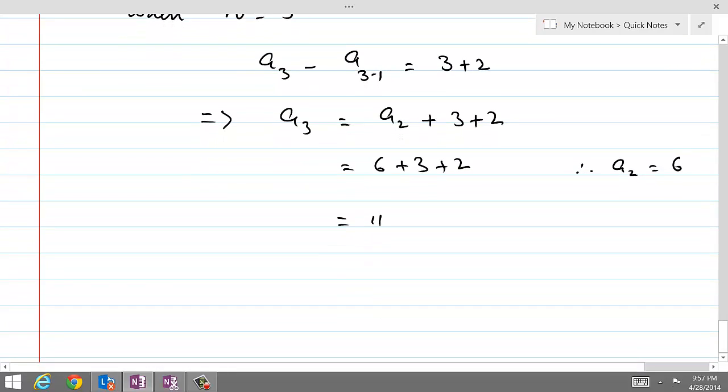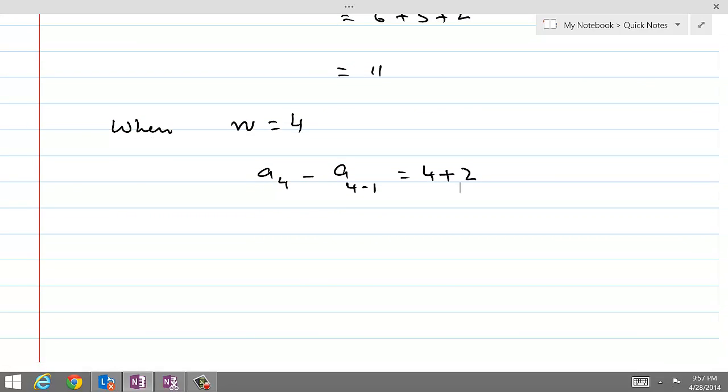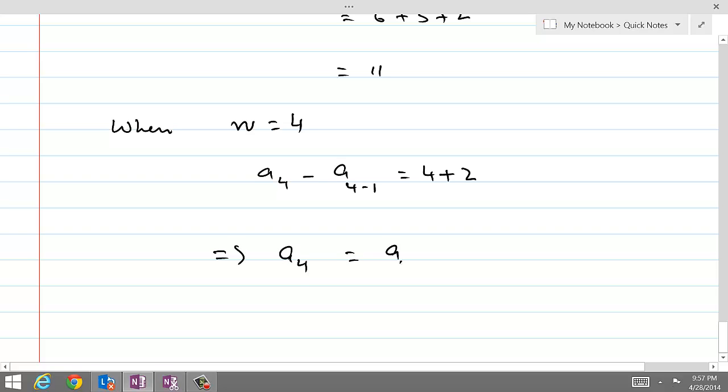And now when n is equal to 4, then this would be a4 minus a3 equal to 4 plus 2. Again, the same way, we are going to transfer a3 to the other side, and this will give us a4 equal to a3 plus 4 plus 2.